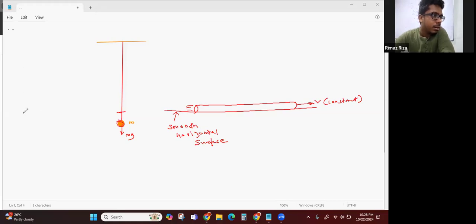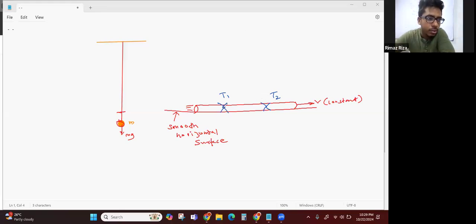You can say the best thing is according to Newton's first law. So if you consider here, let's say here the tension is like at this point T1, and at this point tension is T2. You can think either T1 is greater or T2 is greater, it doesn't matter whatever it is.